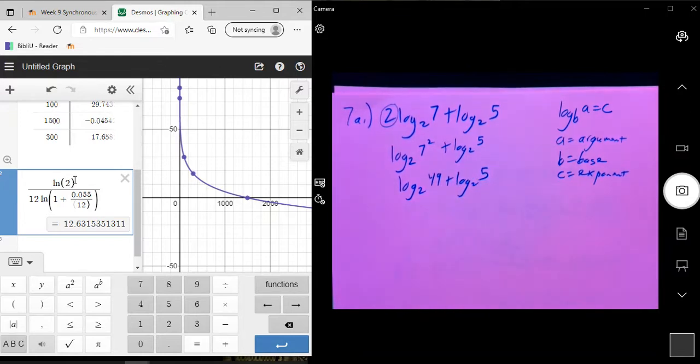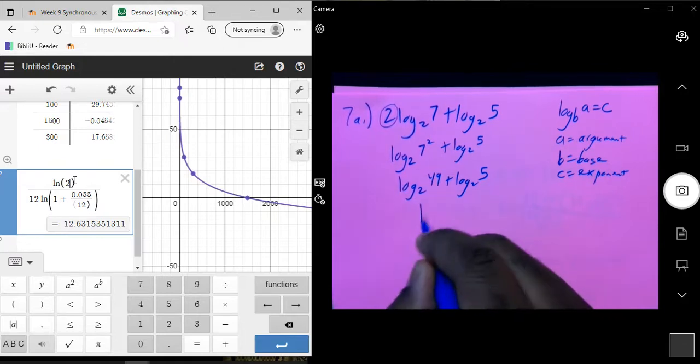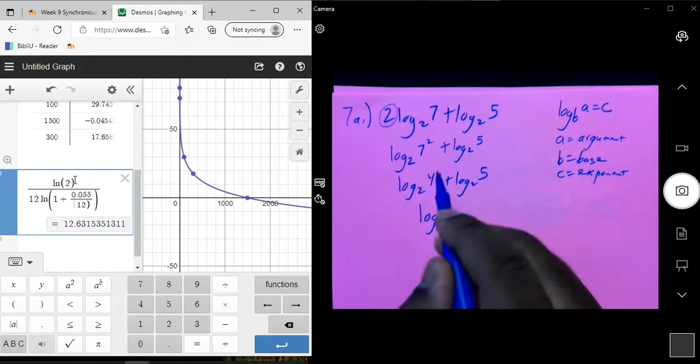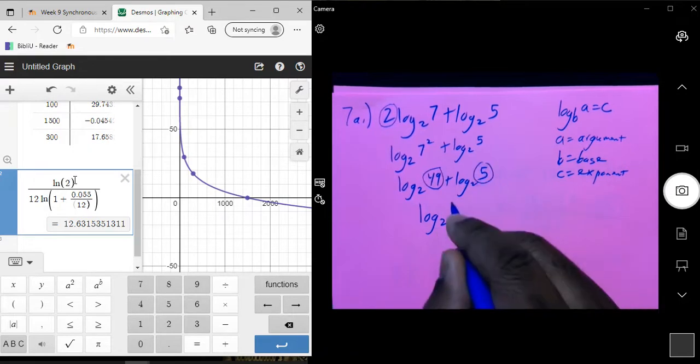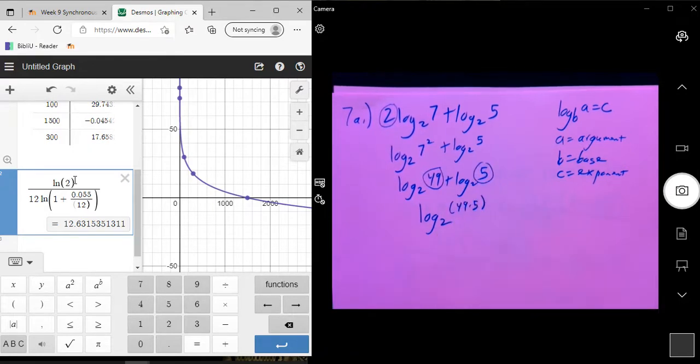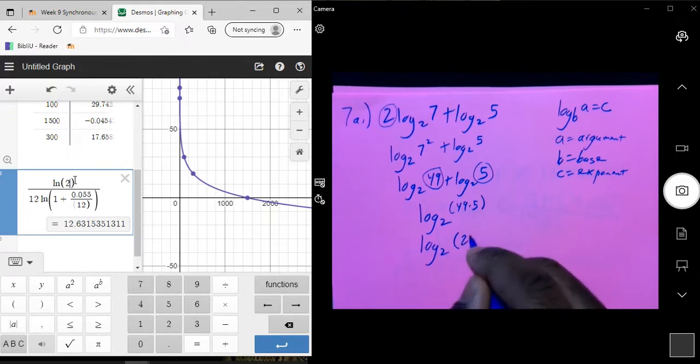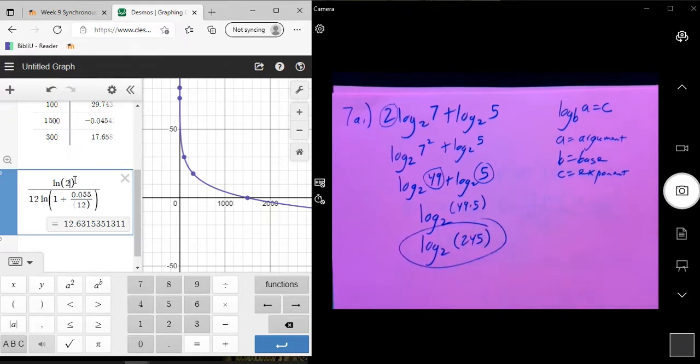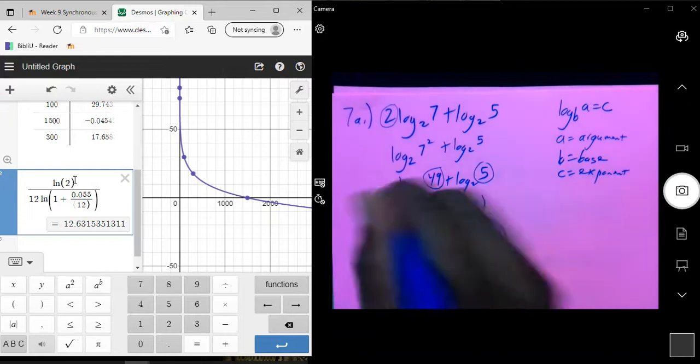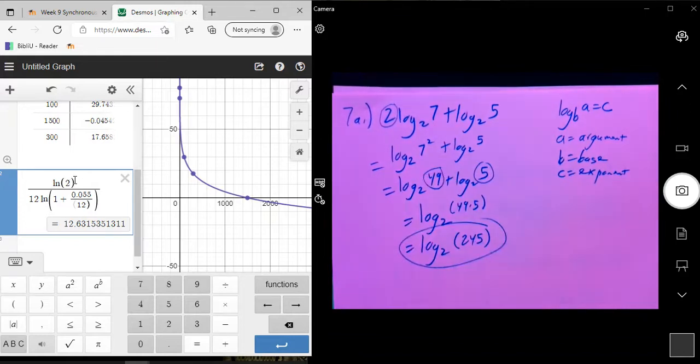Now, whenever you have logs that have the same base and they're added together, with nothing multiplied to them, you can combine them into one log with the same base, but you multiply the arguments together. So it'd be 49 times 5, and when you multiply these together, you get log base 2 of 245. You don't necessarily have to have that in parentheses, but I just do it out of habit.